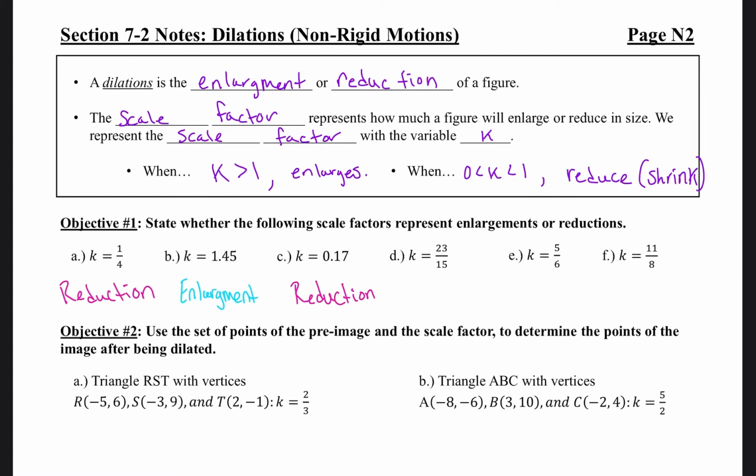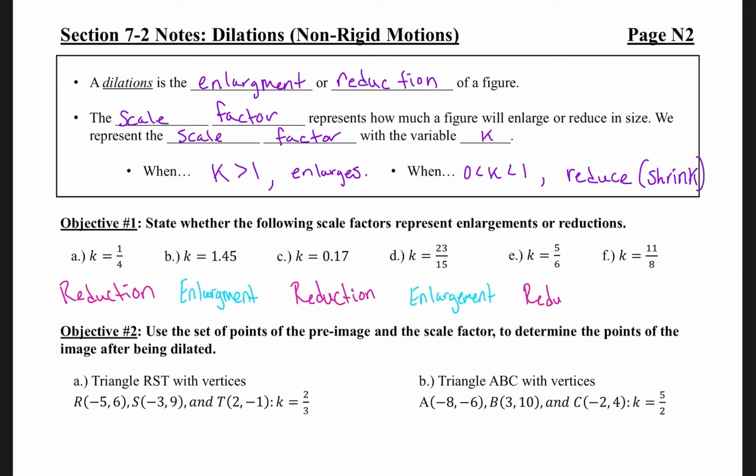The next one, 23/15. If you're not sure, you could put that in a calculator. 23 divided by 15 would give you 1 point something, but the number on top is bigger than the number on the bottom. If the numerator is bigger, you know that represents an enlargement. E, the number on top is smaller, 5/6, representing the decimal like 0.833.